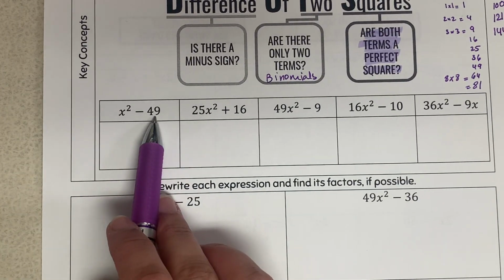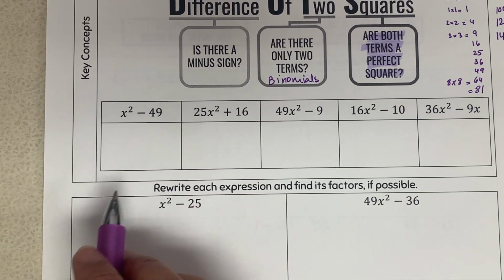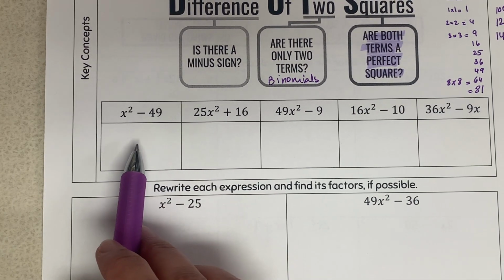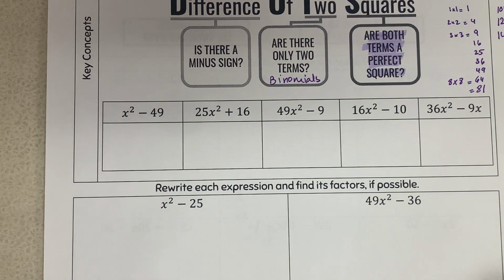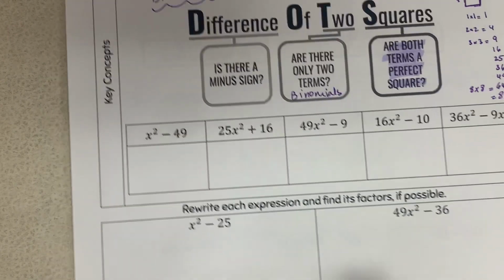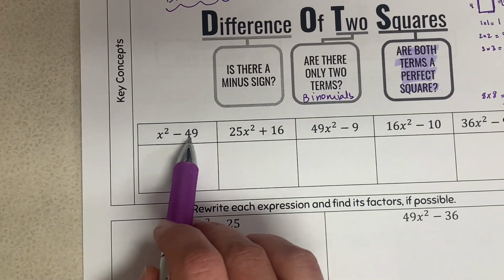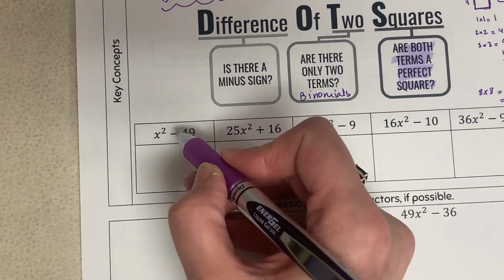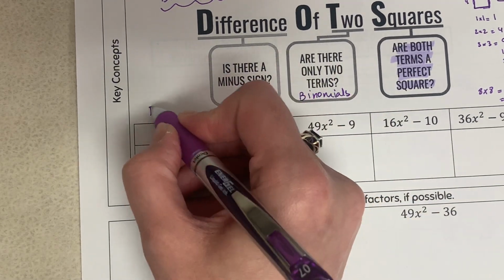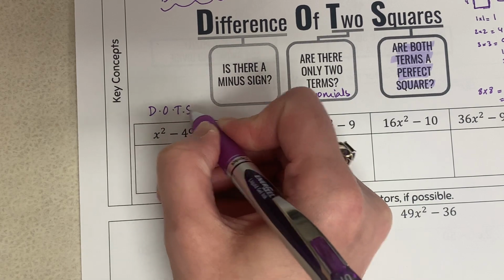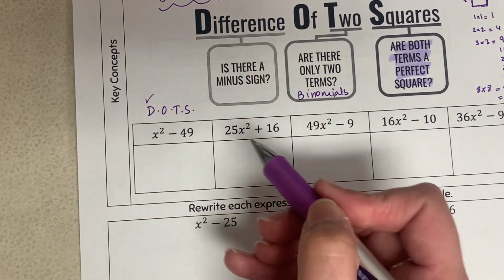X squared minus 49. Is it a binomial? Can I apply the difference of two squares? Let's do that. First of all, is it two terms? Yes. Is it a difference? Yes.